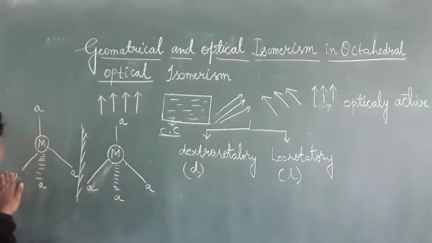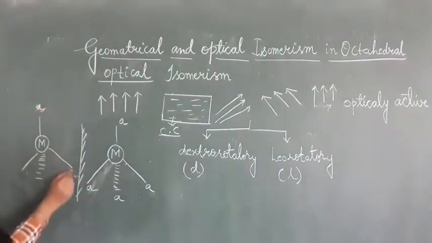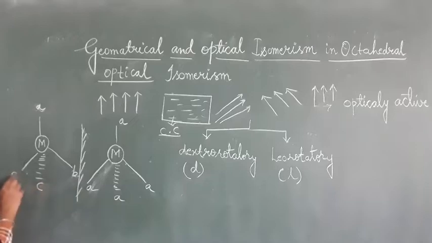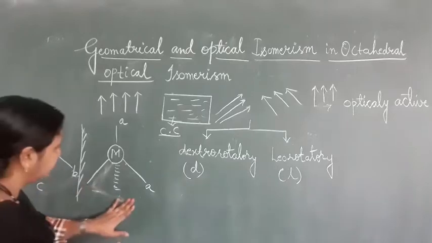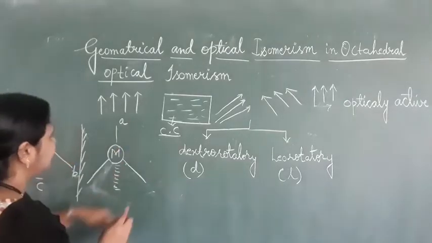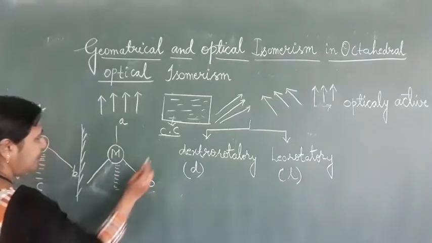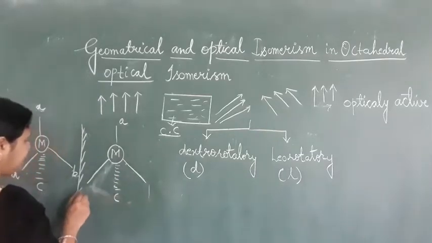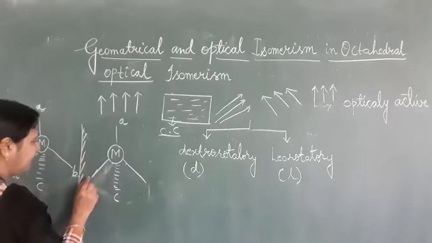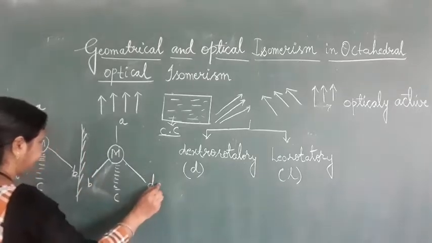But if we take different ligands here, A, B, C, D, then in this case if you take the mirror image, A and C remain as they are, B will come here and D is here.